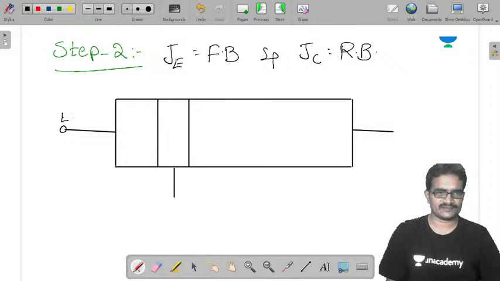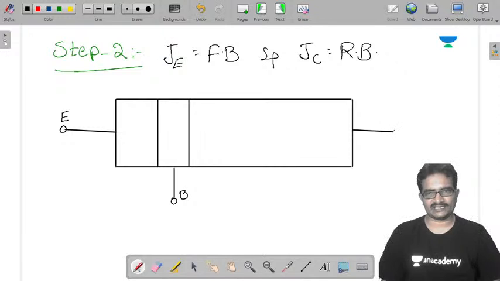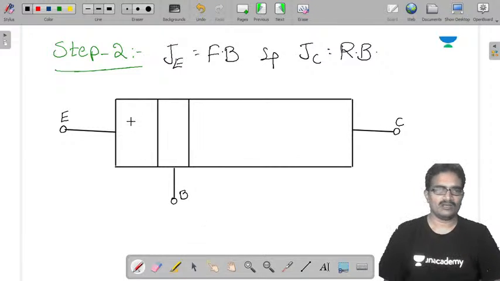Emitter it is. The center one is a base and it is collector. And PNP transistor. Fine.